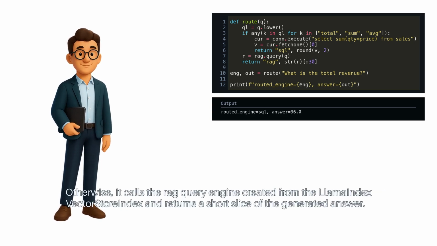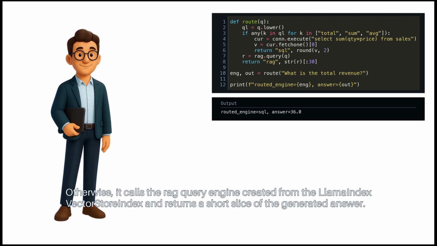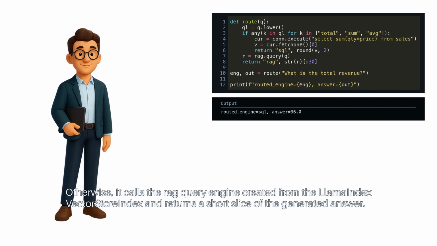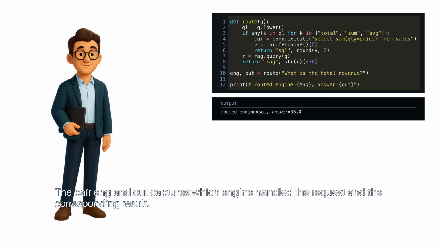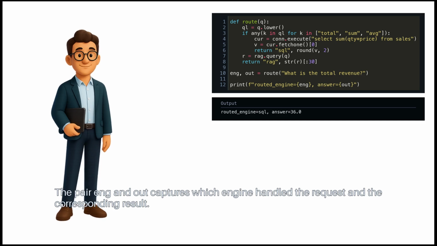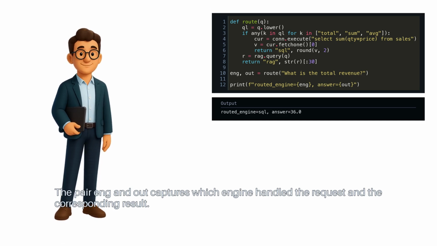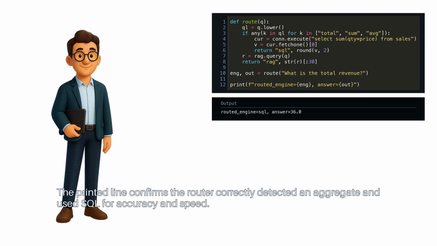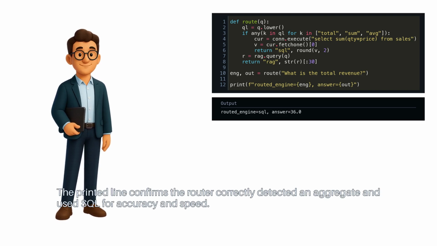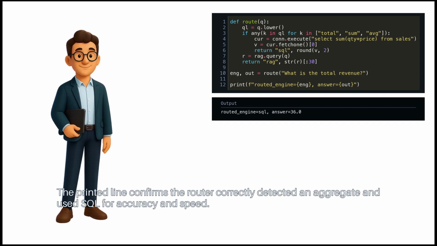Otherwise, it calls the RAG query engine created from the VectorStoreIndex and returns a short slice of the generated answer. The pair eng and out captures which engine handled the request and the corresponding result. The printed line confirms the router correctly detected an aggregate and used SQL for accuracy and speed.